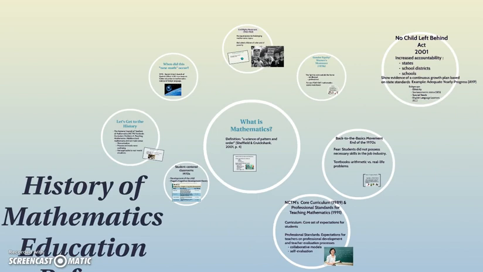So this concludes the history of the mathematics reform in the U.S. There were a lot of changes throughout the 90 years, and it is important to understand the history in order to understand how far education has come, especially in the mathematics field.